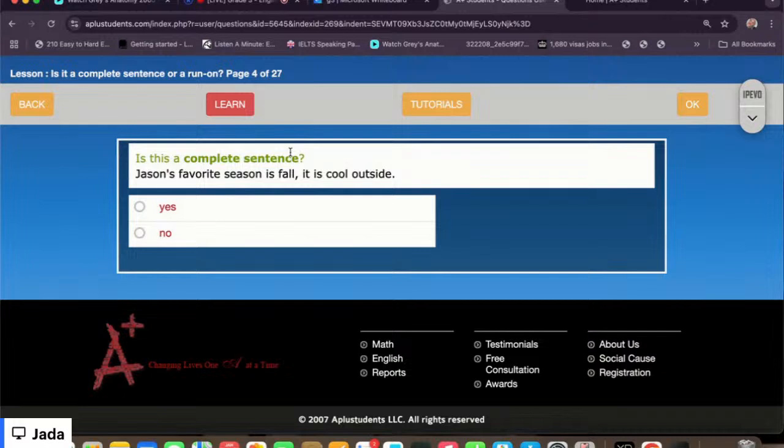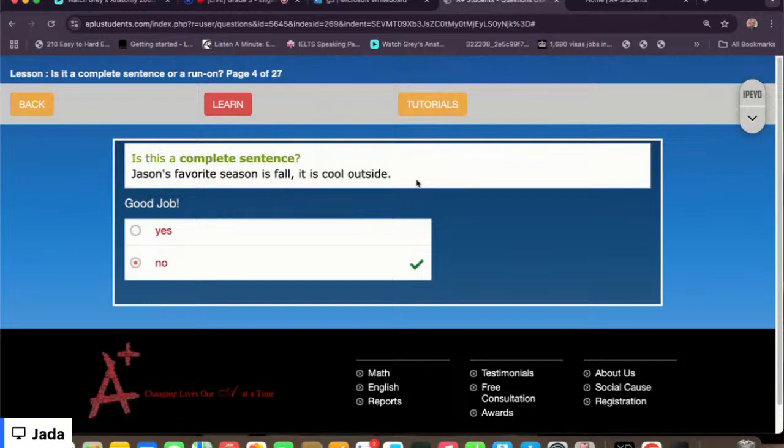So what about this one? Is it a complete sentence? So this is two sentences, it's not a complete sentence.